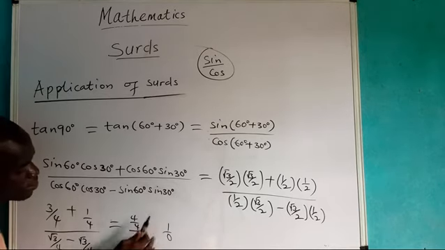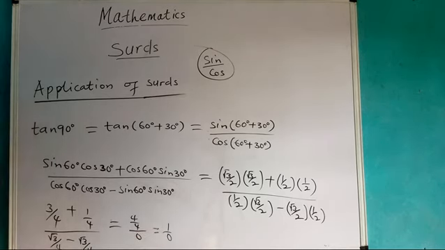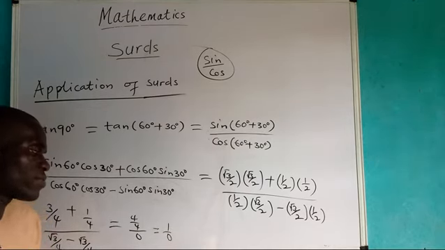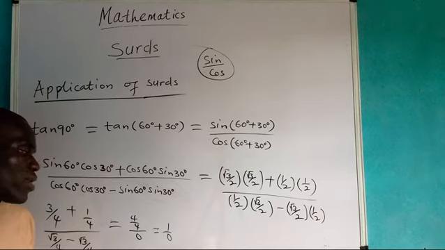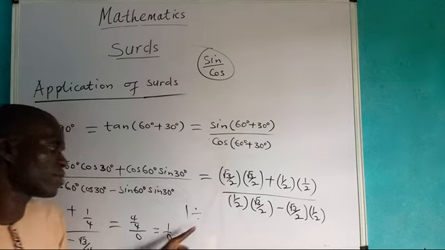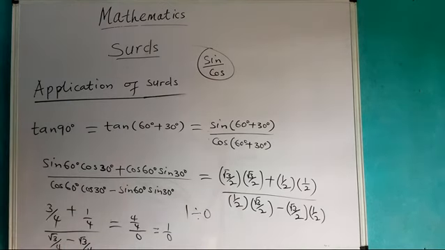Okay, it means that 1, get your calculator now. If you have gotten your calculator, press 1, press divide and press 0. 1 divide 0. You have an error, math error.